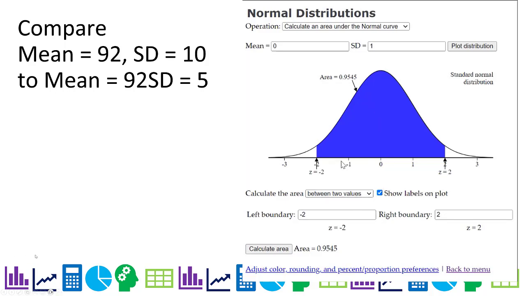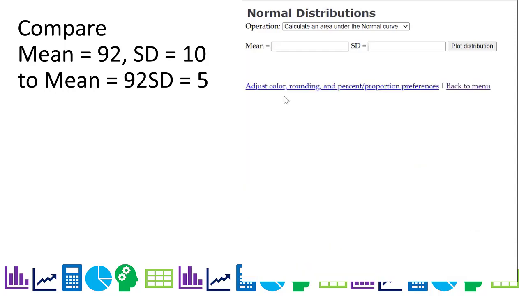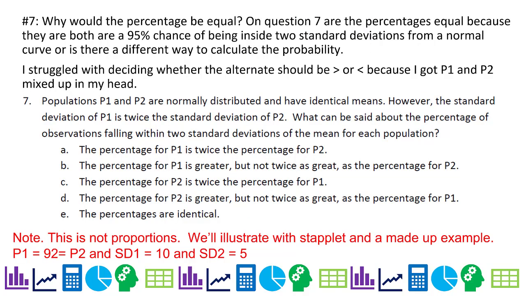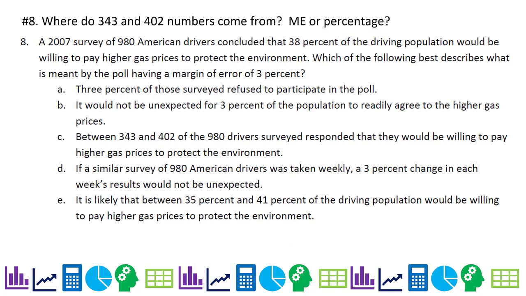So it doesn't even matter how these means and standard deviations are related for different populations if you're always doing the same z-score, which is 2 standard deviations down to 2 standard deviations up. So that means our answer is the percentages are identical. That's always 0.9545.